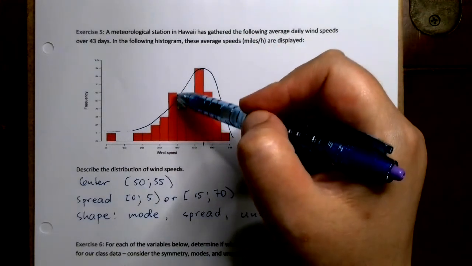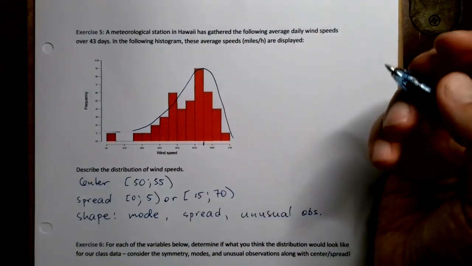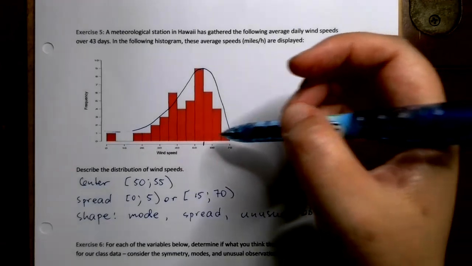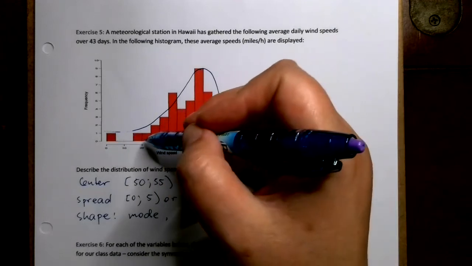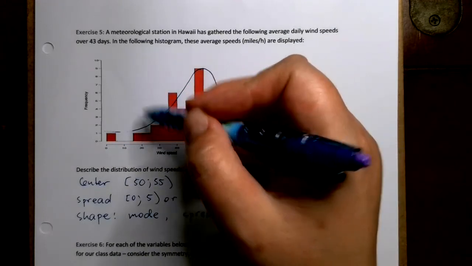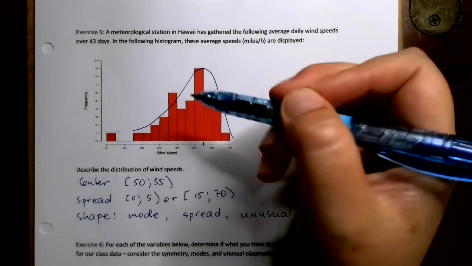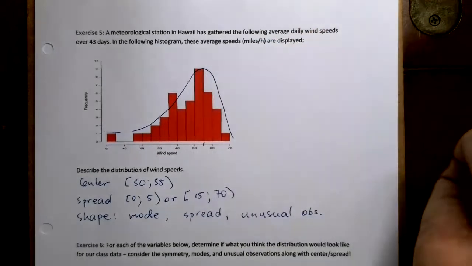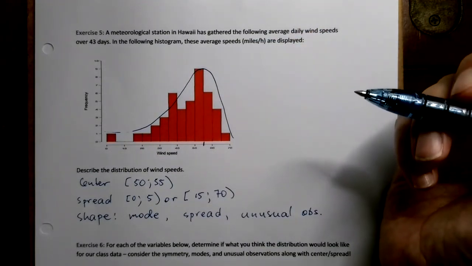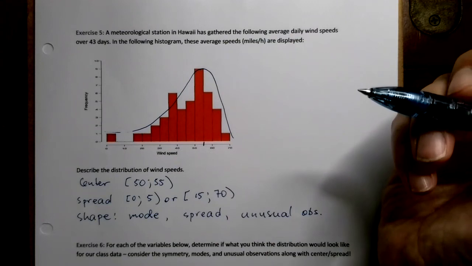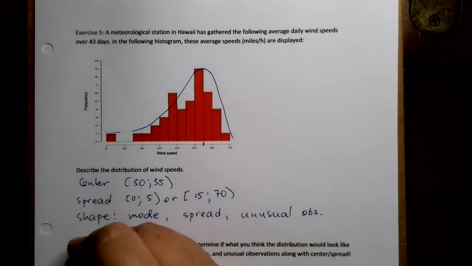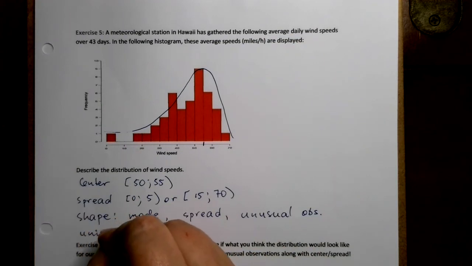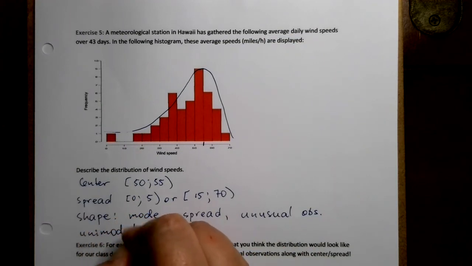One bar will not make a difference. It would be bimodal if we had a bunch of bars here and then another bunch here that would stick out. But for this one, I would say that it's unimodal, though if you said bimodal, I would not dock you.